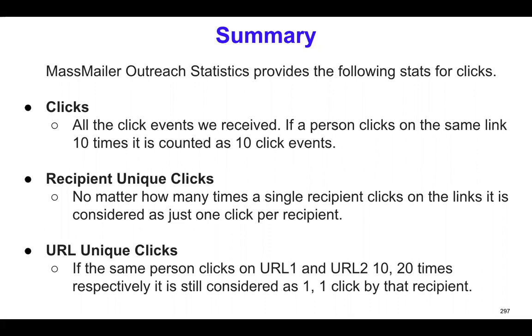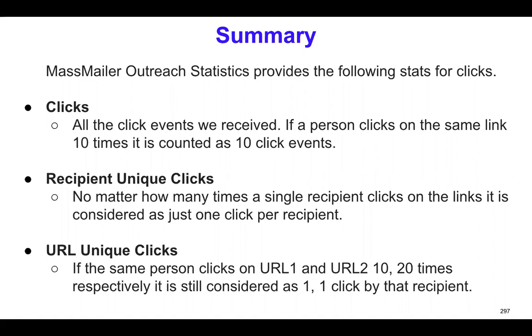And then finally, URL unique clicks. Let's say you have two URLs in your template, URL1 and URL2, and the email is received by a person who clicked on URL1 10 times and URL2 20 times. It is still considered as one click each by that particular recipient.